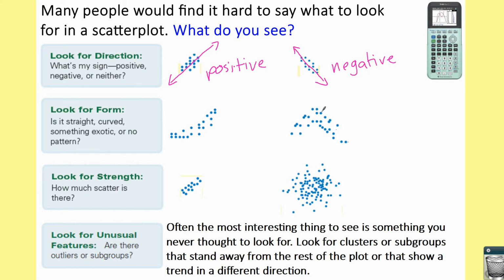For instance, for this one, maybe you need to reevaluate your data and look at these points together and these points, and maybe there's a relationship there, so you can separate it. That's what it means by looking for clusters or subgroups to separate your data. That's what scatter plots do. They help us see the relationship between our variables.